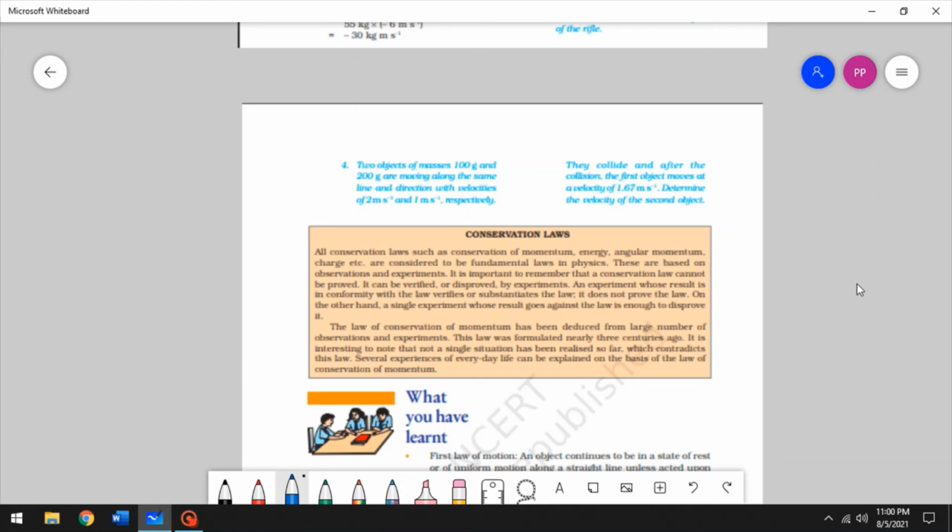Alright, so it is important to remember that a conservation law cannot be proved. It can be verified or disproved by experiments. That is why we are trying to derive the equation. We are not trying to prove it. And why can't we prove it? Because the external factors in the environment where we experiment these are not favorable for proving, and we're better off doing the theoretical analysis and breaking down concepts to understand what's happening.